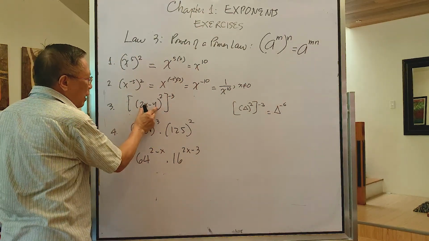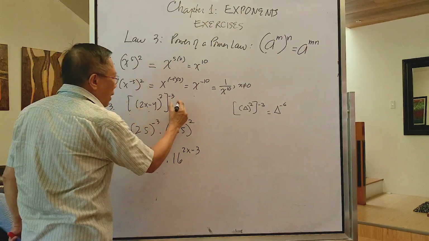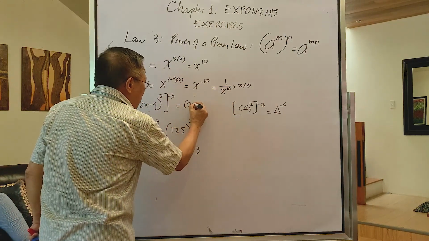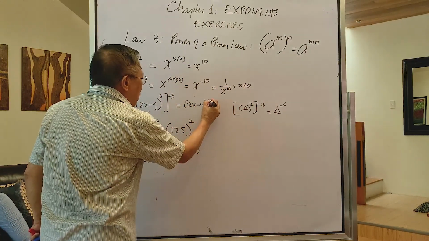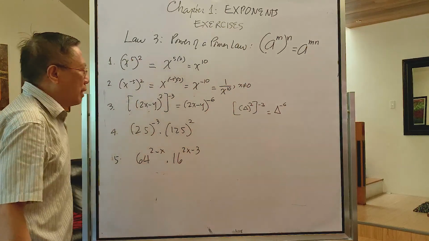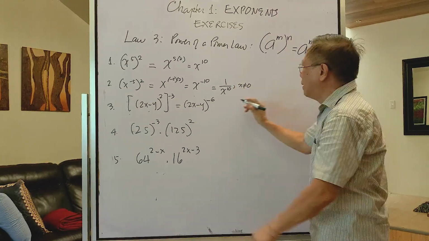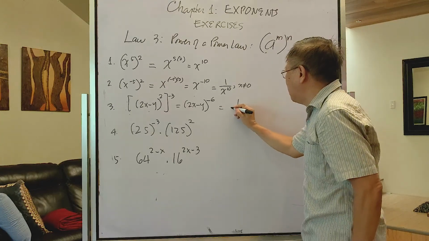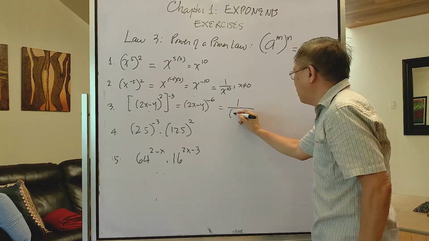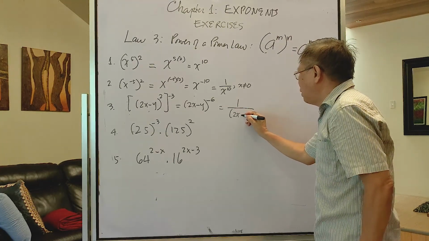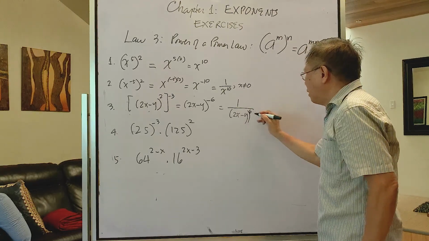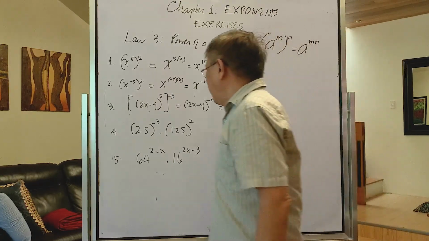Okay, but our triangle here is 2x minus y. So again, this will be (2x minus y) to the negative 6. And similarly, that is a negative exponent, so it's not considered simplified. So I'll get here, by definition of a negative exponent, 1 over (2x minus y) raised to the 6.